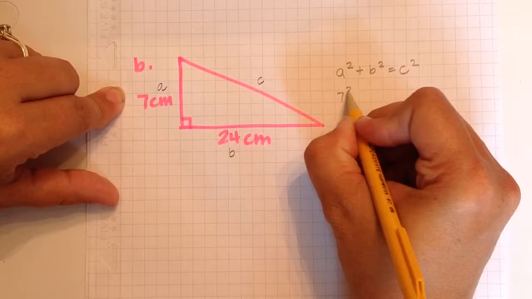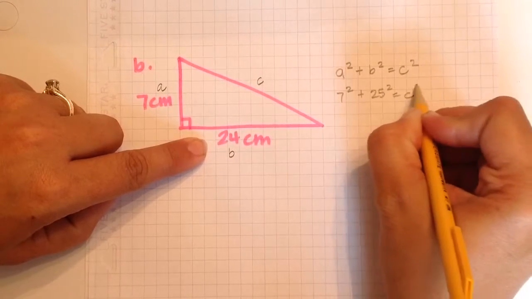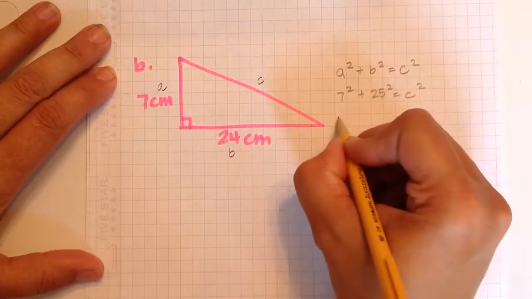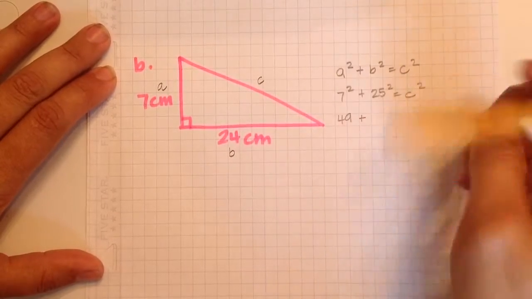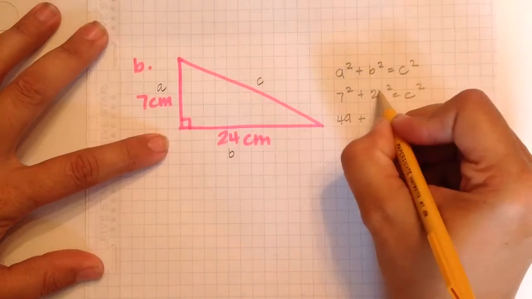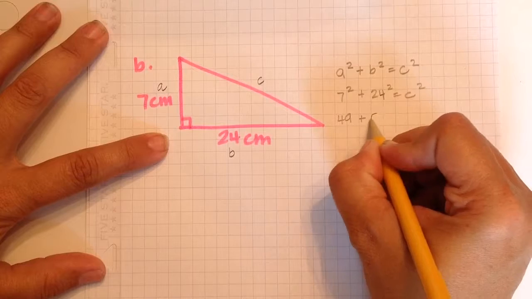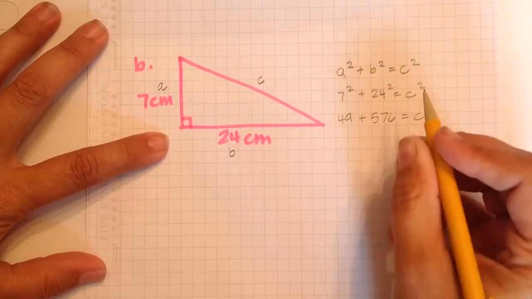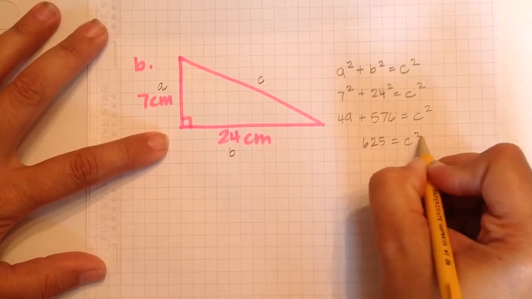A is 7, B is 24, and that's equal to C squared. 7 squared is 49, 24 squared, not 25. The length of this side is 24. 24 squared is 576. 49 plus 576 is 625.